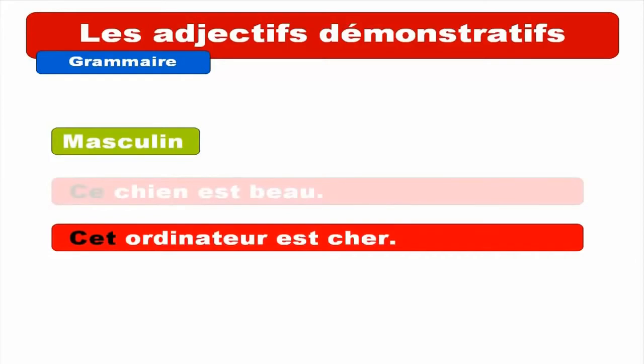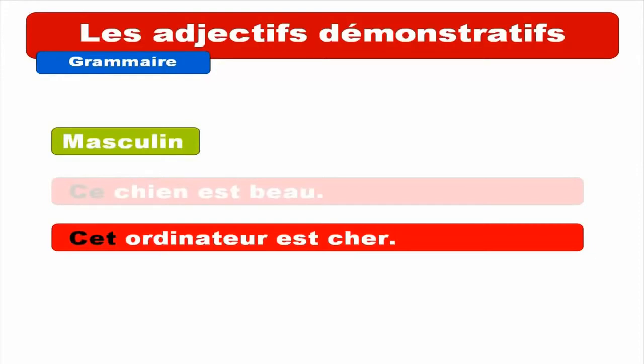Ordinateur starts with O, so a vowel. In this case you will have to put the second form of the masculine, cet. So you pronounce it like cet ordinateur est cher. No pause, no break between cet and ordinateur.